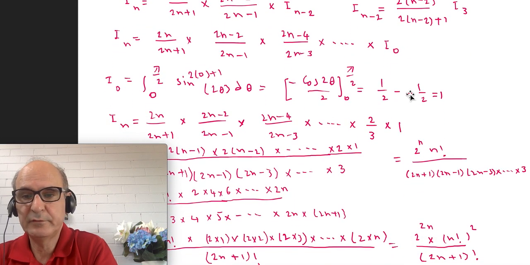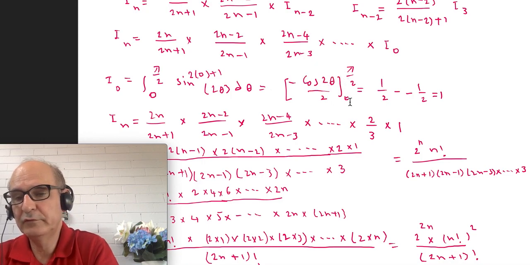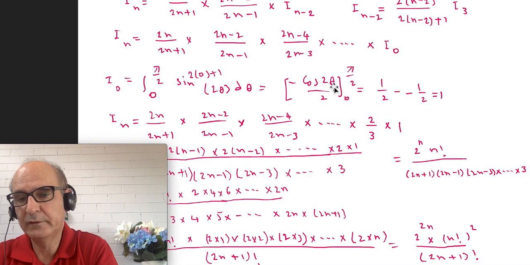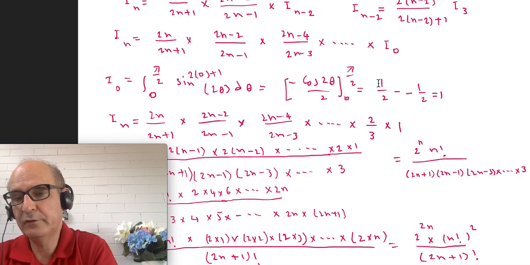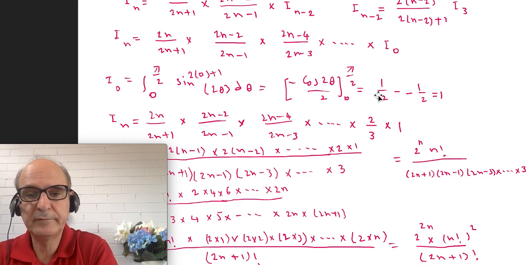What is I_0? I_0 is the value of the original integral when we replace n with 0. If you replace n with 0, that becomes just sine 2 theta. And the integral of sine 2 theta is minus cos 2 theta over 2. When you replace the value of theta with 0 and pi on 2, you end up with 1. So I_0 is equal to 1.